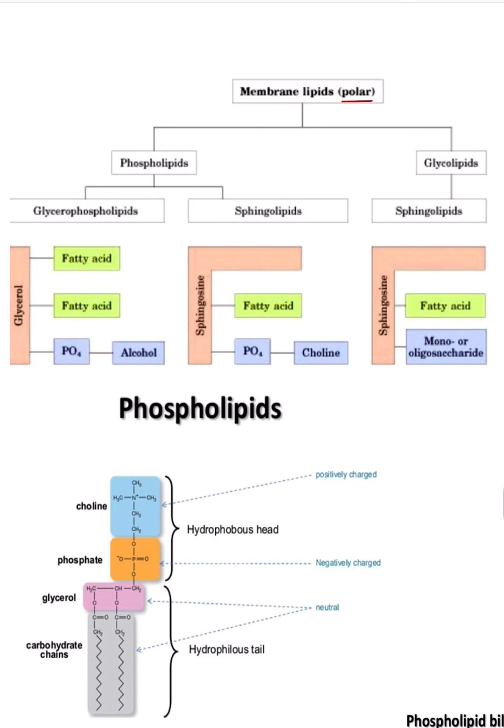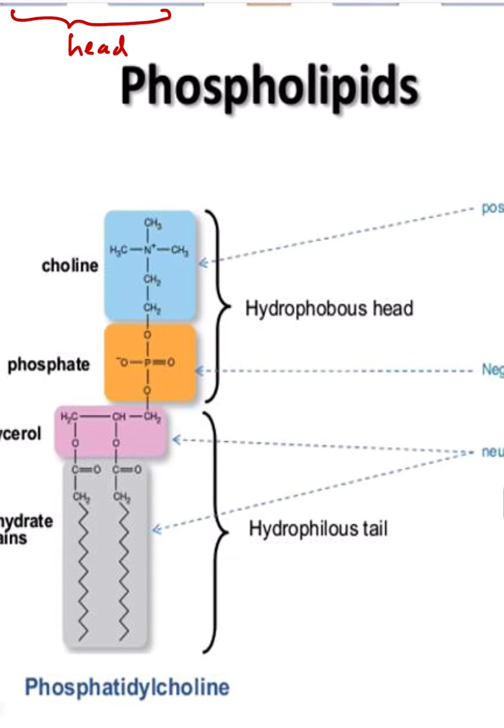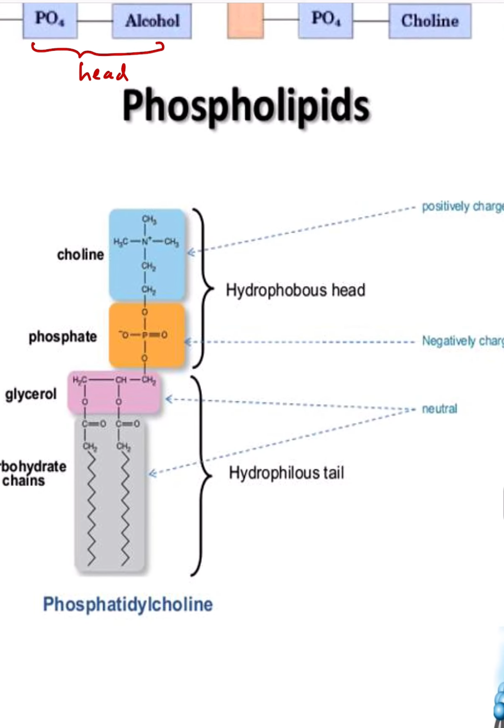Then these two are the head, and the glycerol and the two fatty acids which bind together will be the tail. I can show the structure of phospholipid here. I write in English: hydrophilic head, likes water, and the hydrophobic tail hates water.